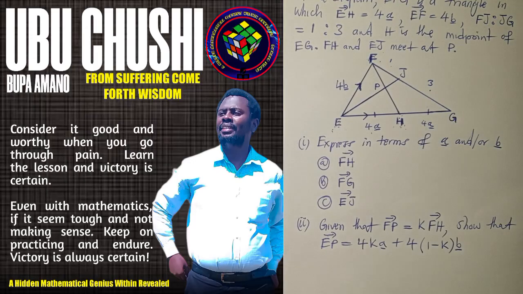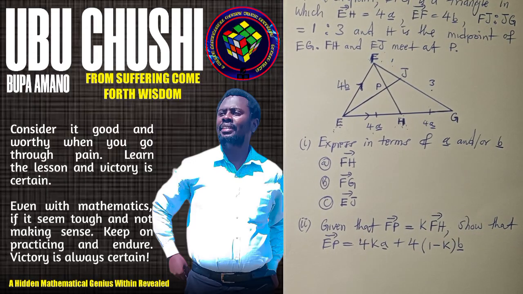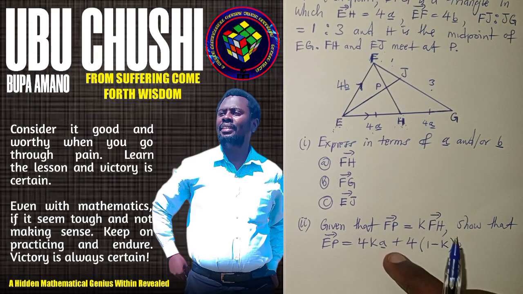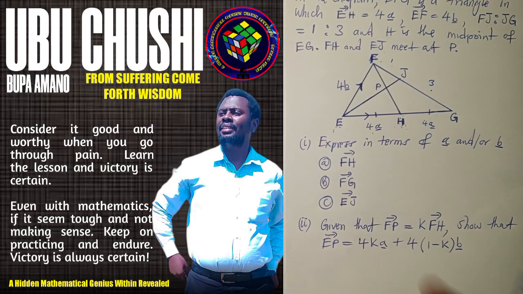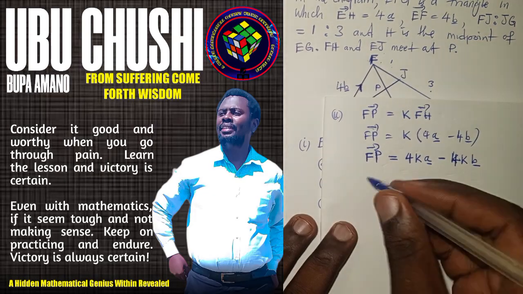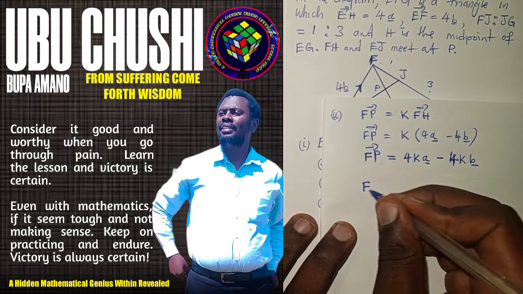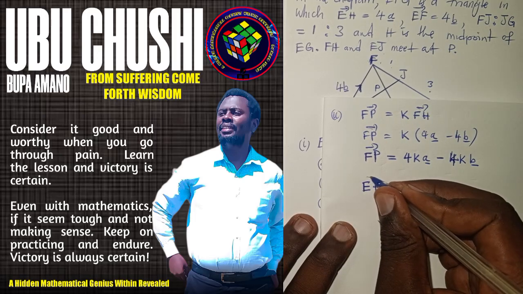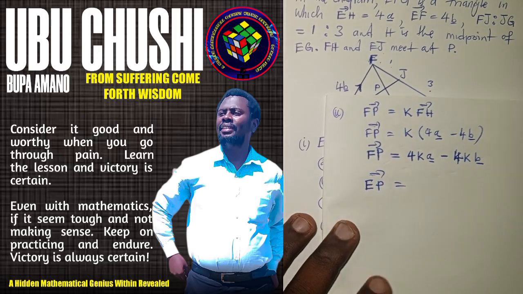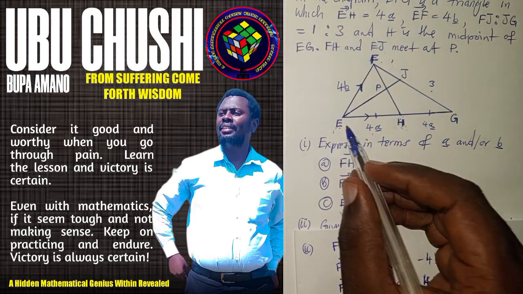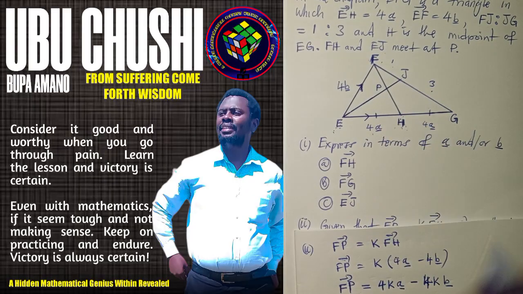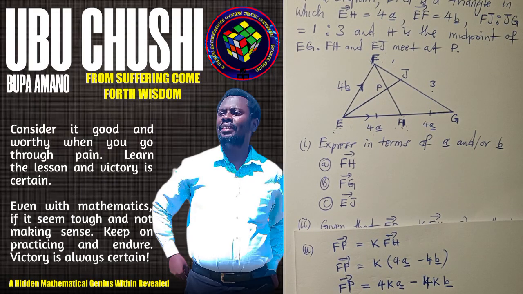We go back to our question. We need to show that EP is equal to that. So EP, let's find EP. So EP is equal to, where is EP? So this is E and P there. So what root can we take to find EP?